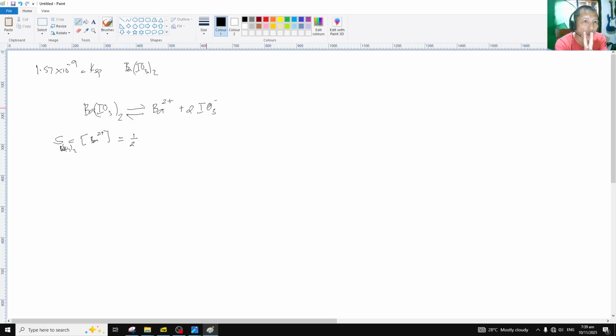So therefore, you have to divide the concentration of iodate before you can get the solubility of barium iodate. So 1/2 the concentration of iodate. Okay. So we have established this. You cannot establish this if you did not do this. That's why it is important. Okay. Next.